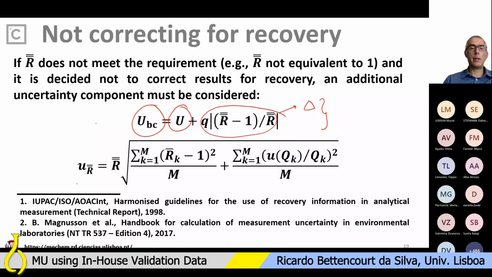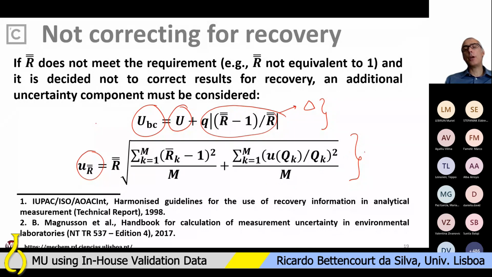And this formula is for the precision component. So what is suggested in this document is you take the precision component as described, but for recovery you use these formulas, and as you use these formulas, you don't need to assess if the mean recovery needs to be corrected for recovery.